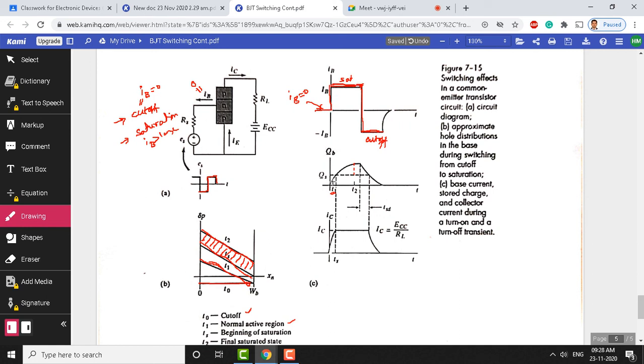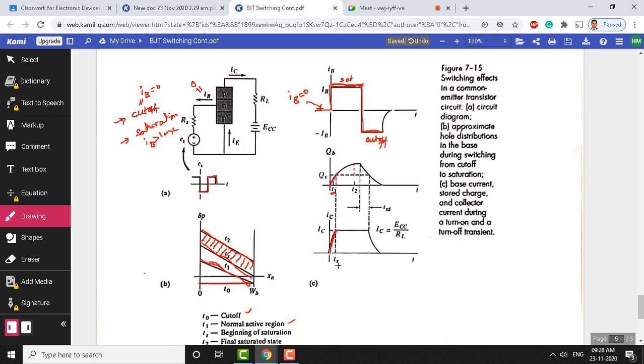Slowly you can see in this graph the charges in the base region start accumulating, and you can see the output collector current. There is a sharp increase in the collector current because you immediately applied a large base current. The charges in the base region accumulate, and when QB reaches QS, saturation has been reached.